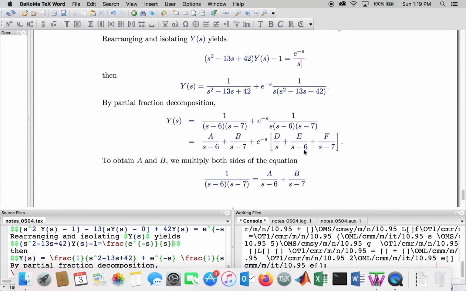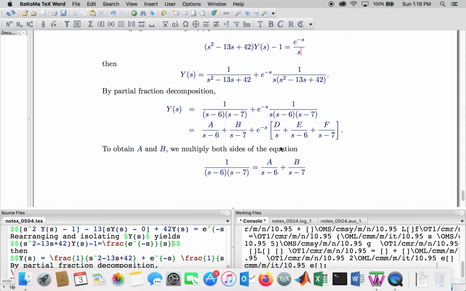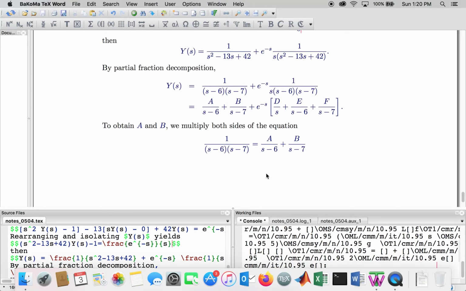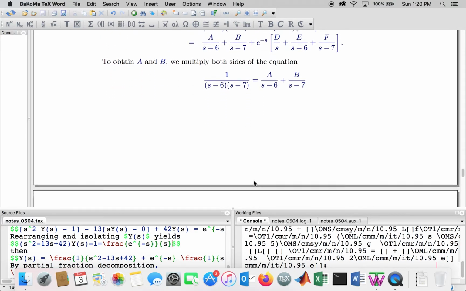Not sure why I skipped over c there. So if we're getting a and b, we have this fraction is decomposed thus, like so, and then that fraction is equal to these terms here. So then you can multiply both sides by the entire denominator, s minus 6, s minus 7.